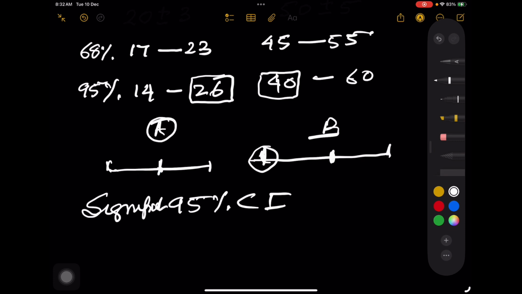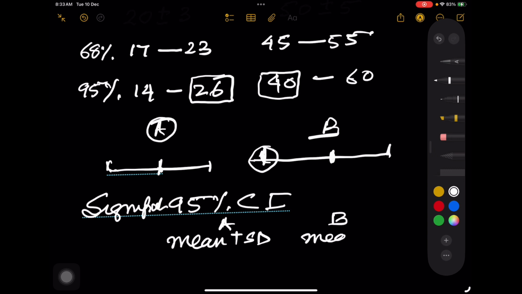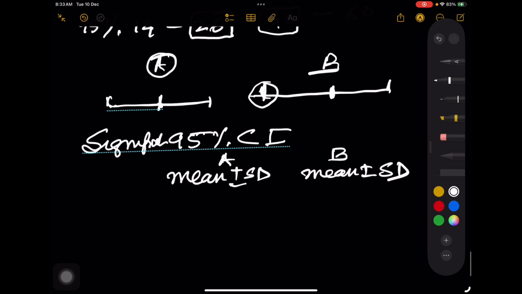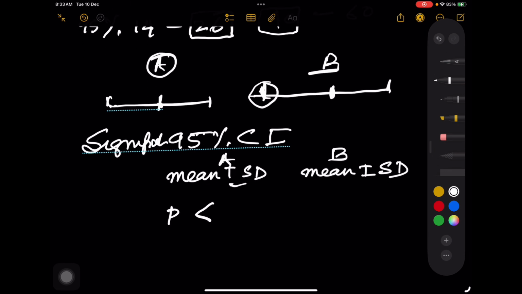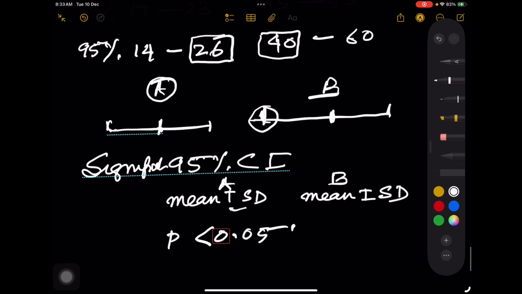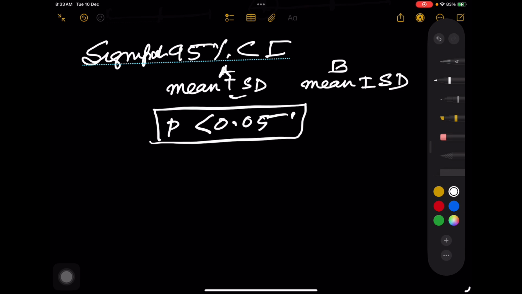And if you are trying to compare mean plus minus standard deviation of A to mean plus minus standard deviation of B, the p-value that you will get will be less than 0.05. So you can state the significance of difference with a p-value or a confidence interval. So that is the significance.